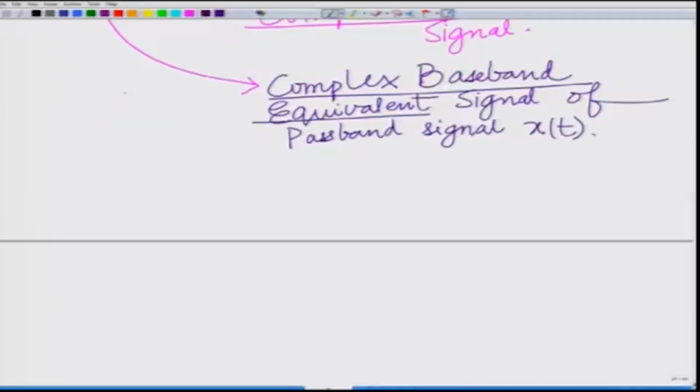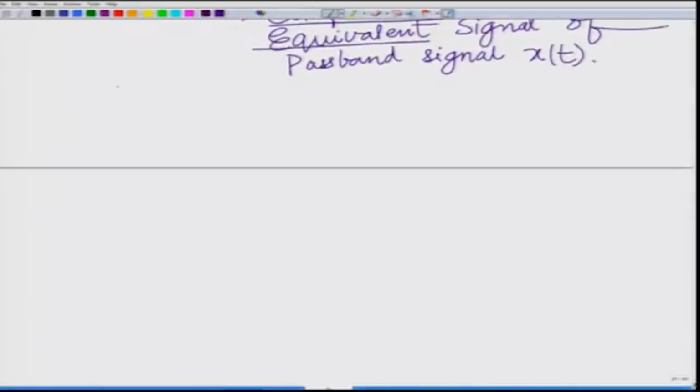And you can see we have already shown this as a spectrum, that is, you take the positive frequency band of x t scaled by a factor of 2, shift it to the 0 frequency, that is shifted by Fc to the left.